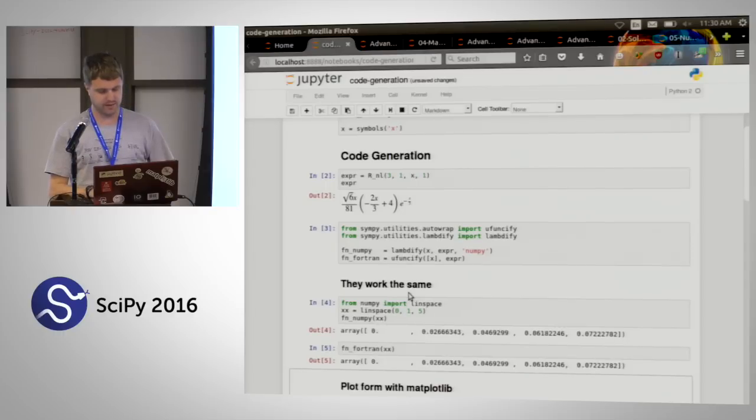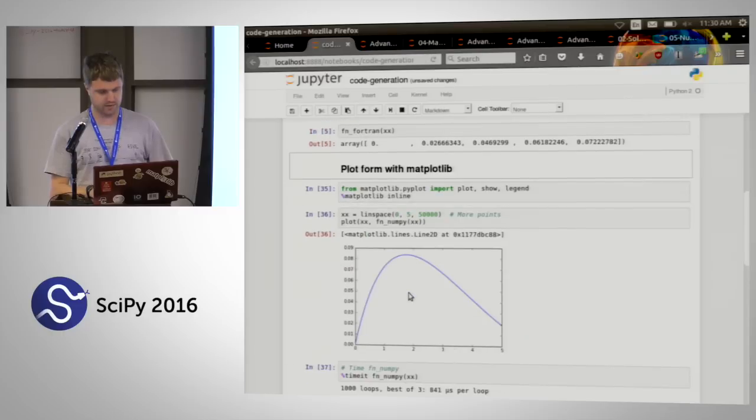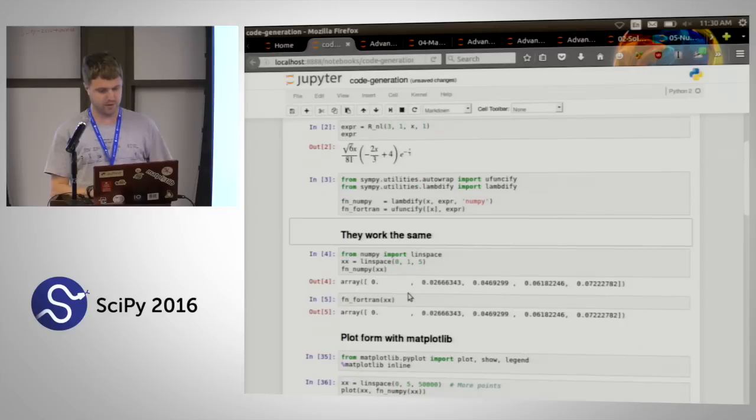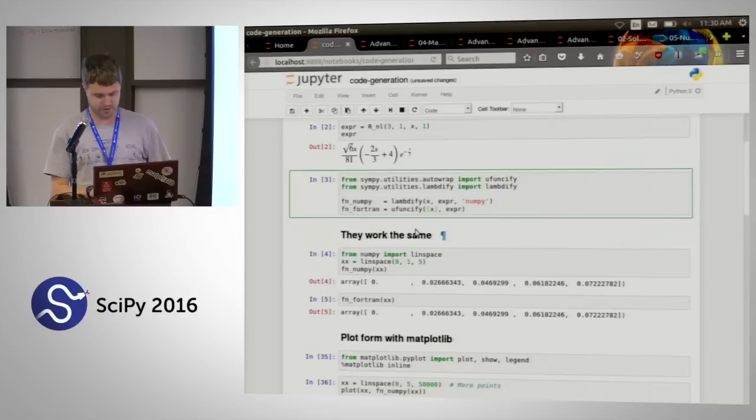And so we can see here, these are both giving the same answers. And they both have pretty much the same API. You have first the variables and then the expression.